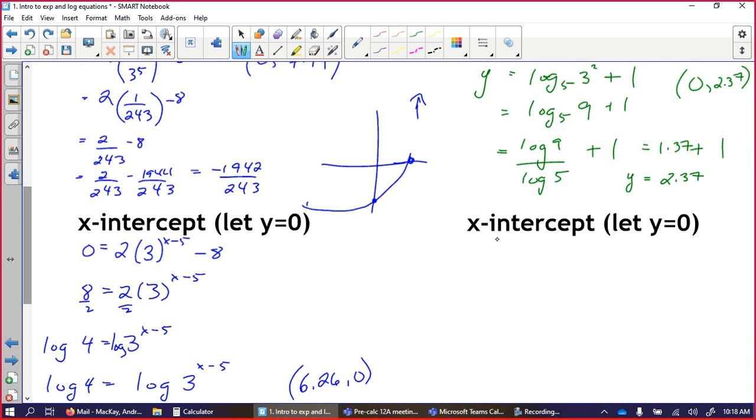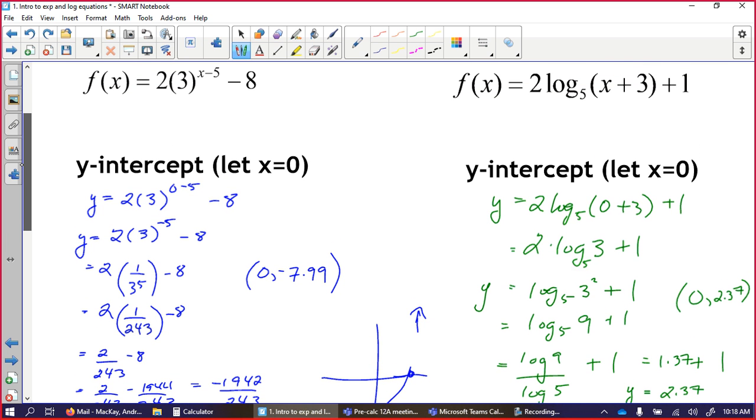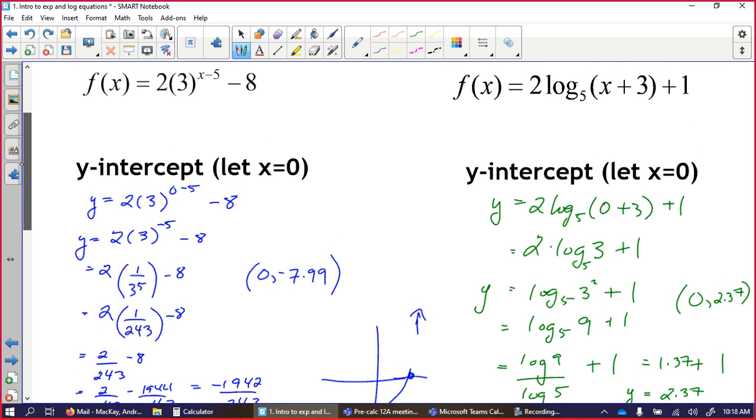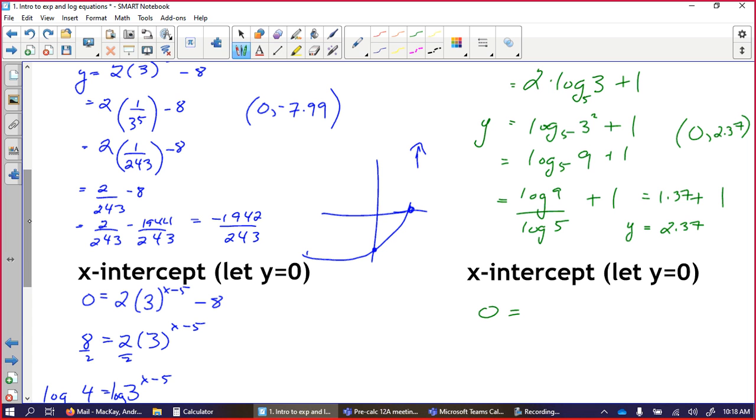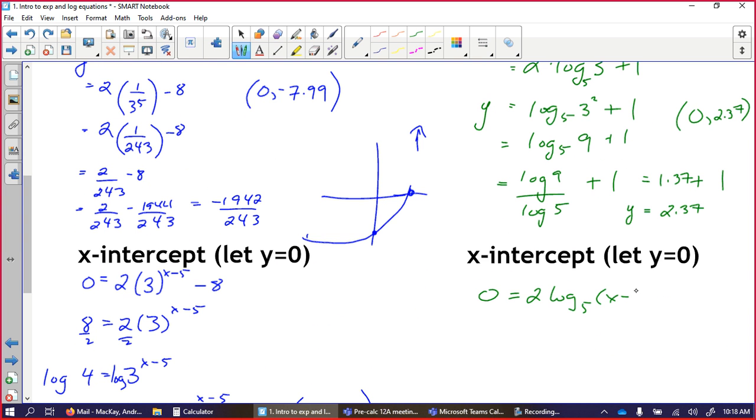For the x-intercept, let y equal 0. Let's find the original equation: 0 equals 2 log base 5 of x plus 3, plus 1.